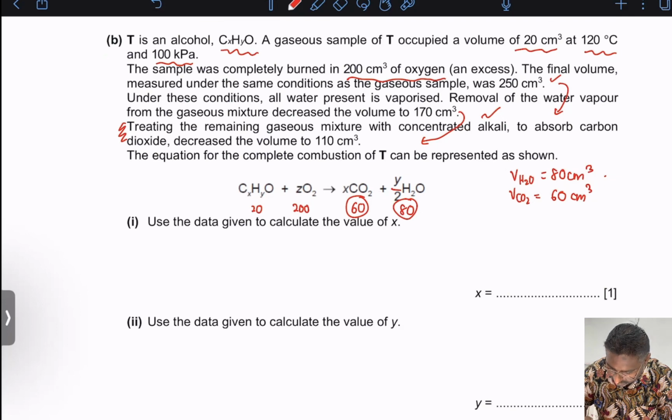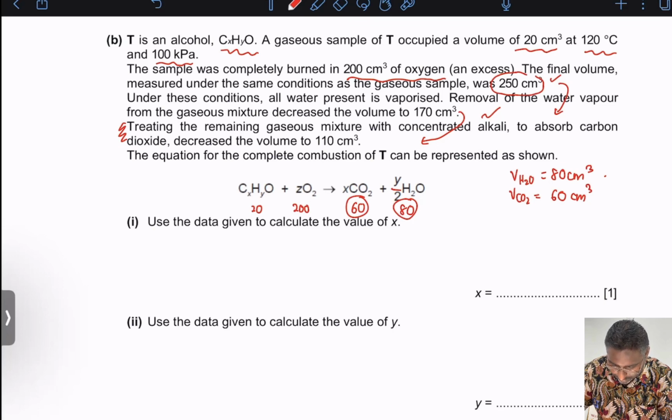The sample completely burned. The final volume measured, under the same condition, was 250.